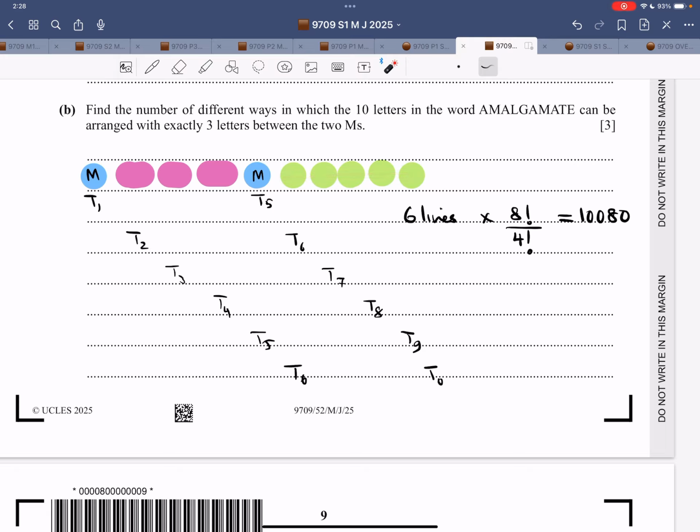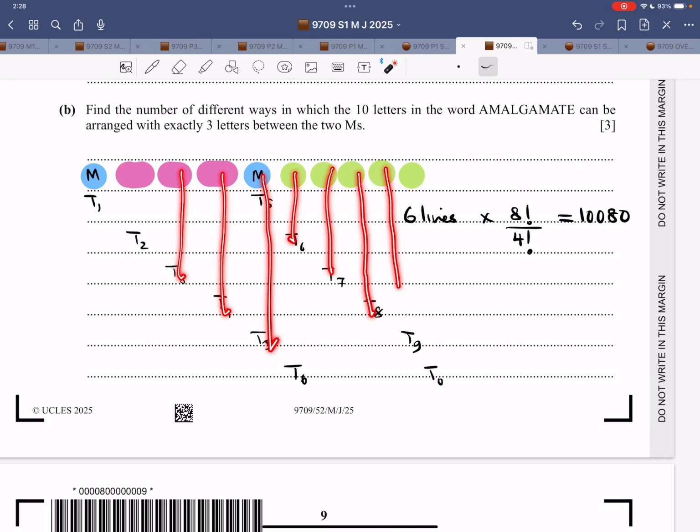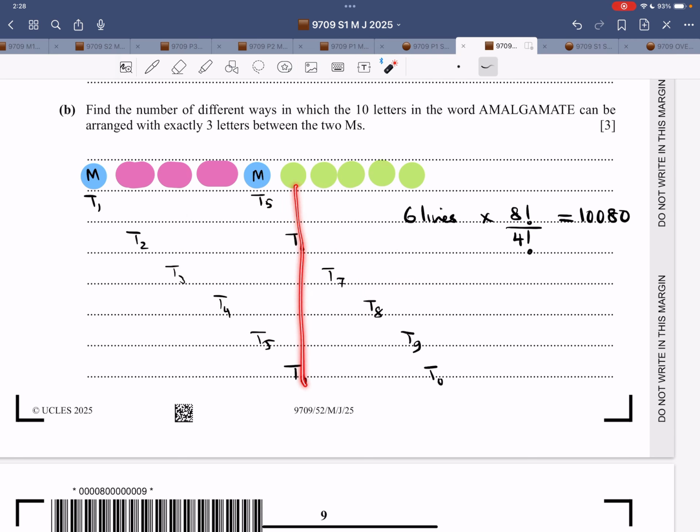So 1st and 5th, then 2nd and 6th, 3rd and 7th, 4th and 8th, 5th and 9th, and 6th and 10th. So there are 6 possible rows.